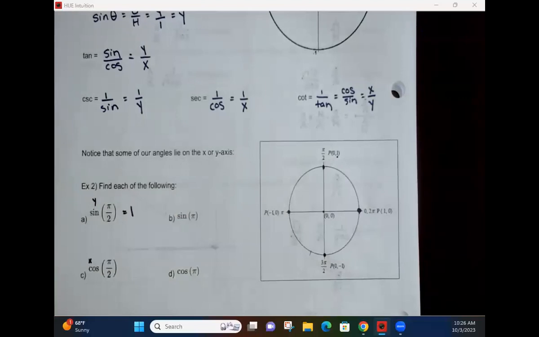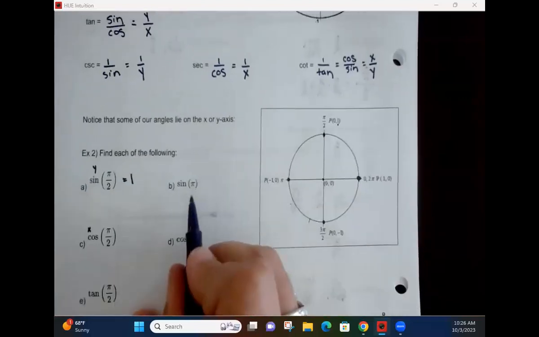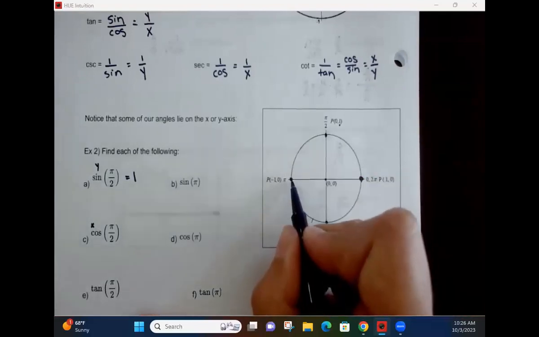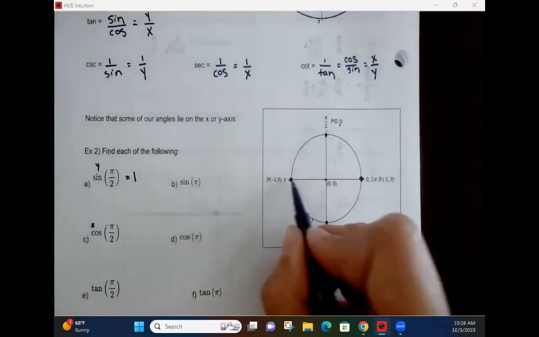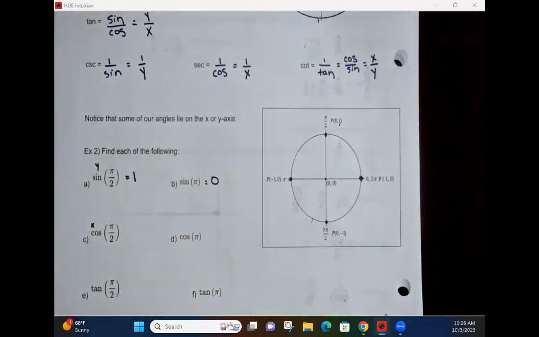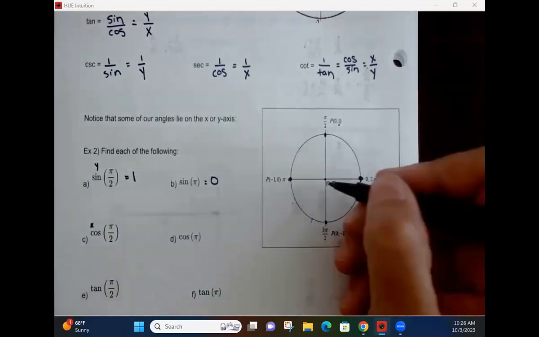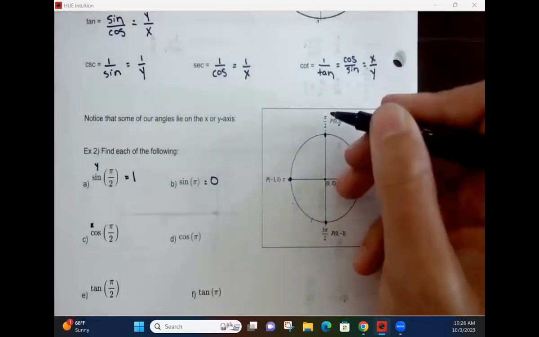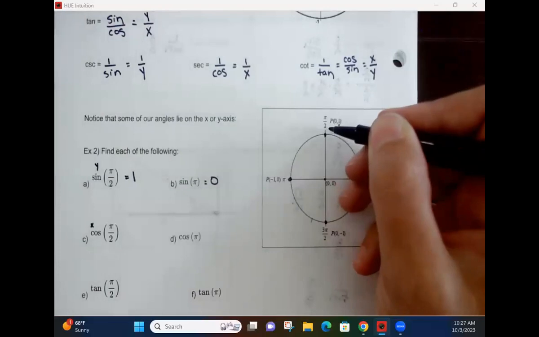What's sine of pi? Pi is halfway around the circle. The y value at this point is 0. We are on the x-axis, so the y value is 0. Sine of pi is 0. What's cosine of pi over 2? Pi over 2 is up on the y-axis, right?